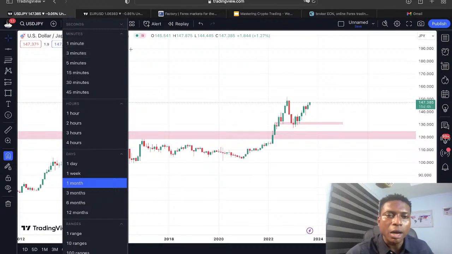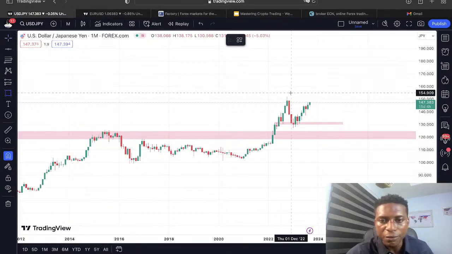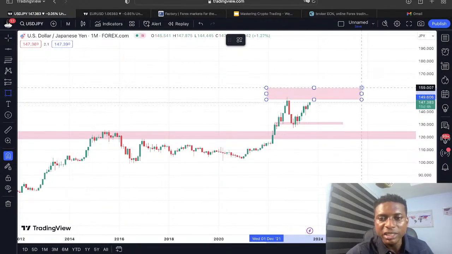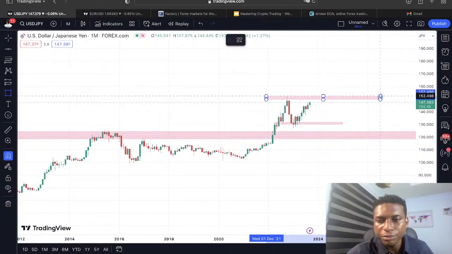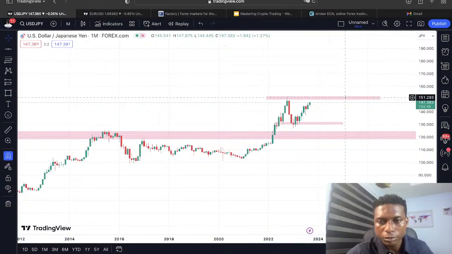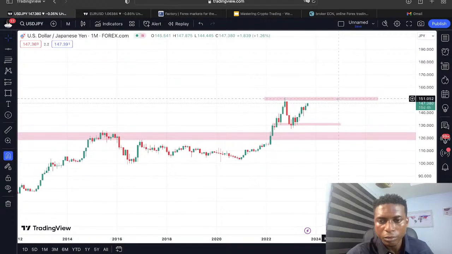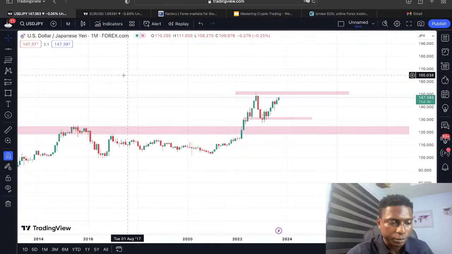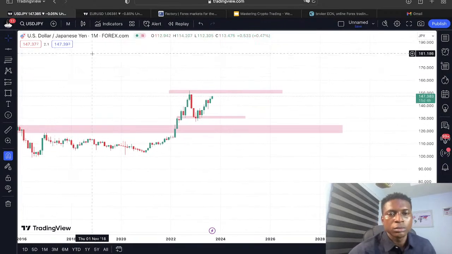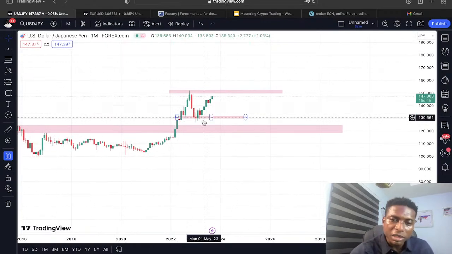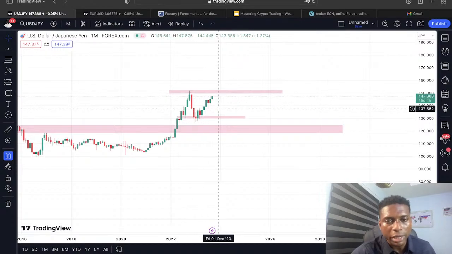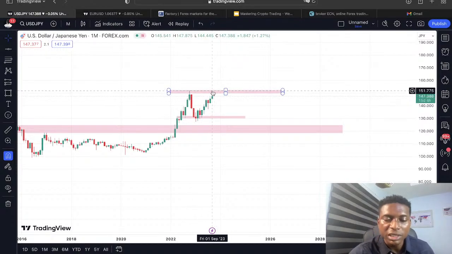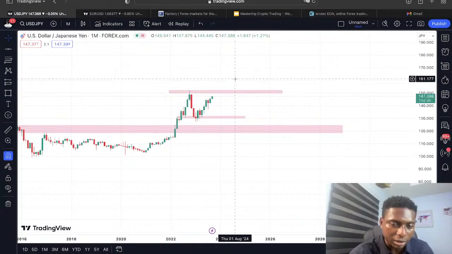Now, what are our expectations for USD JPY? My expectation for USD JPY is still bullish, and it would get to touch this level of resistance.